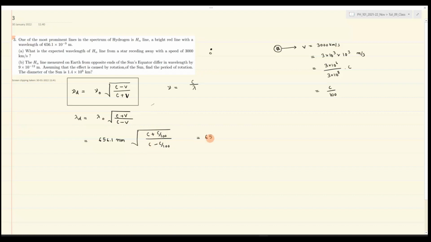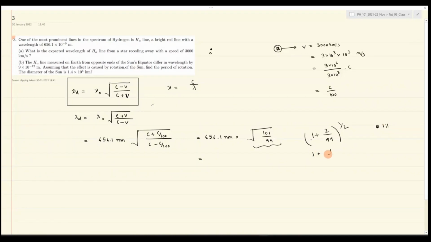It will be 656.1 nanometer times 1 plus 1 by 100, that is, it will be 101 by 99. So you simplify this, it will be 1 plus 2 by 99 to the power half. Although we cannot directly write 1 plus nx in general, because it's approximately around 1%, we will be writing 1 plus nx.